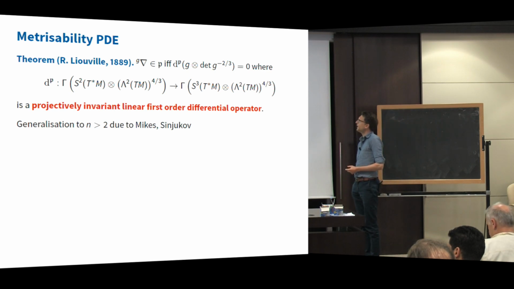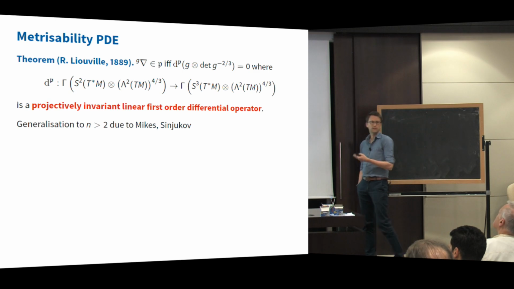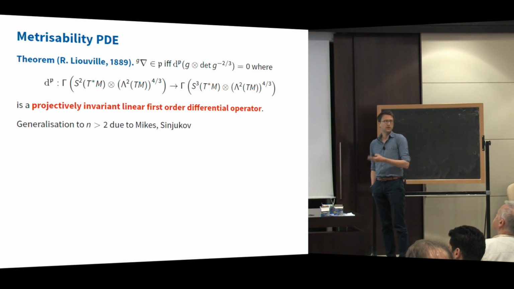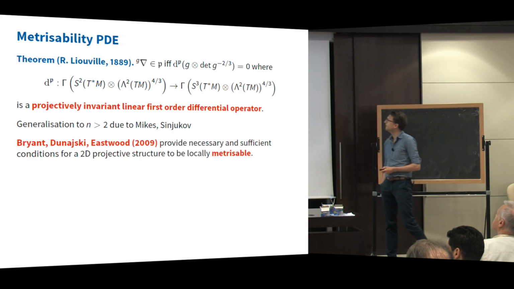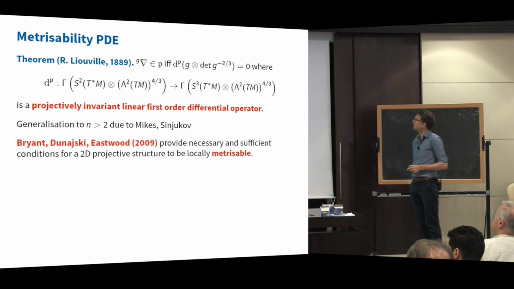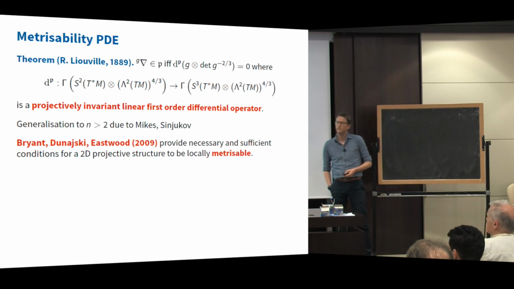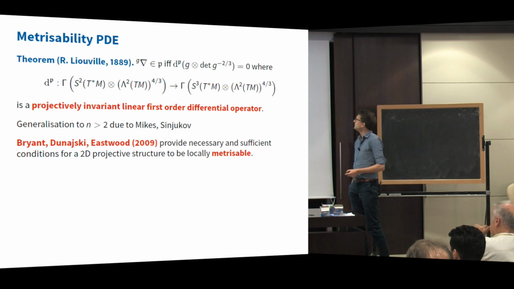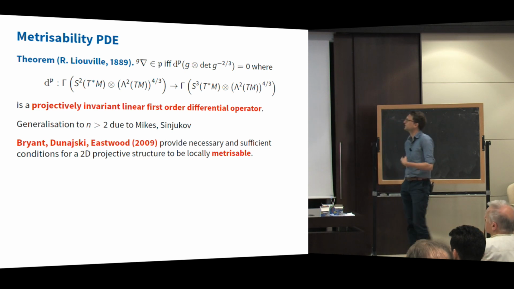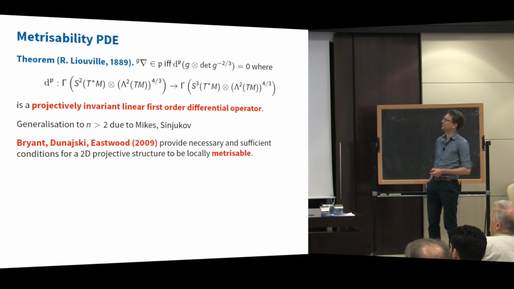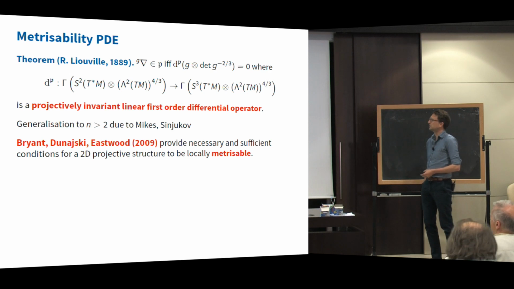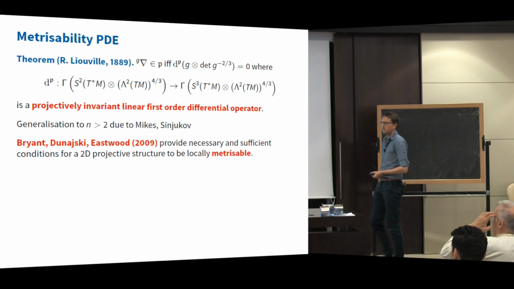Once you know that, you would like to know explicitly what the obstructions are for a projective structure to be, as we say, metrizable. This is a result, as you can see, quite a bit later, in 2009 by Robert Bryant, Maciek Dunajski, and Mike Eastwood. They figured out the necessary and sufficient conditions for a 2-dimensional projective structure to be locally metrizable.